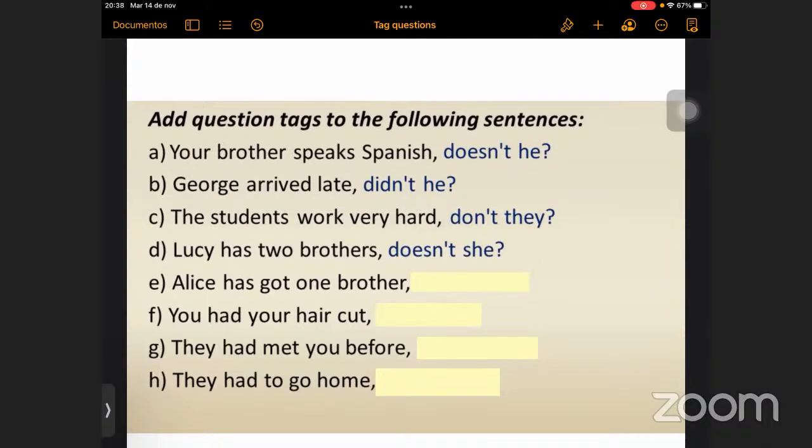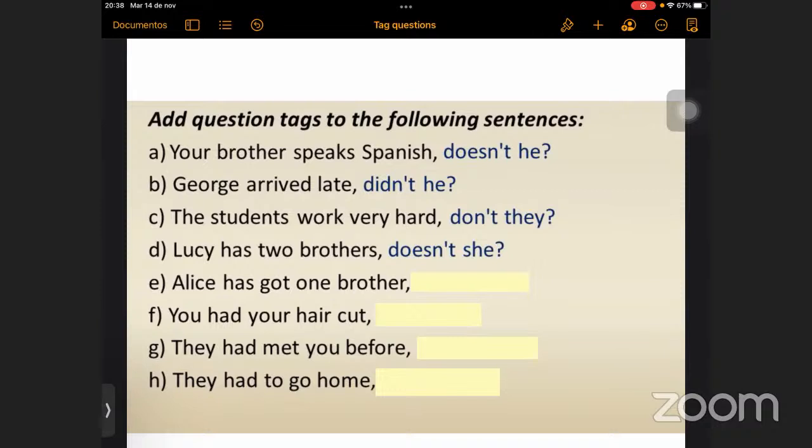Alice has got one brother. Identify what the auxiliary is and then make it negative.